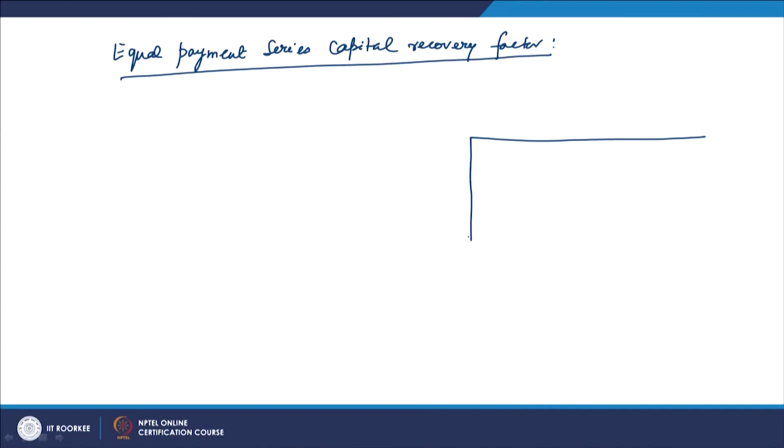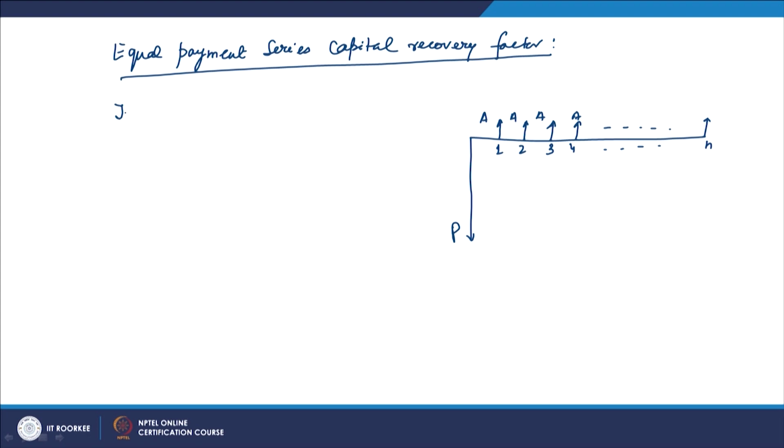You have one P at present, and then you are going to have an equal amount every year, so that after n years it will be completely over. This amount is A.